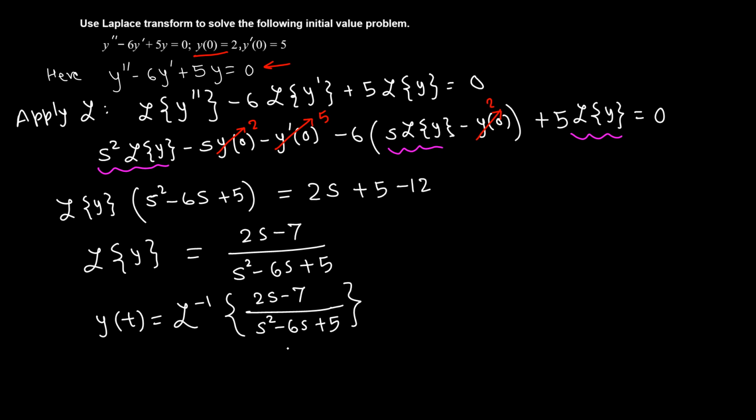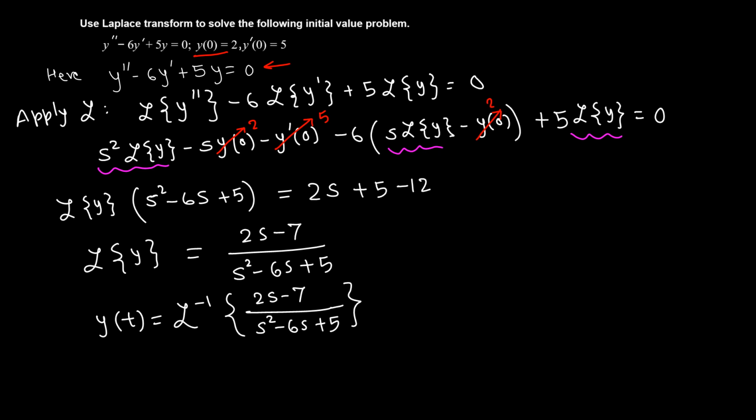If we look at the formula list, we have nothing similar to this. This is a complex fraction, and the good news is we can write this as a sum of two simpler fractions, called partial fraction decomposition, because the bottom s squared minus 6s plus 5 factors.